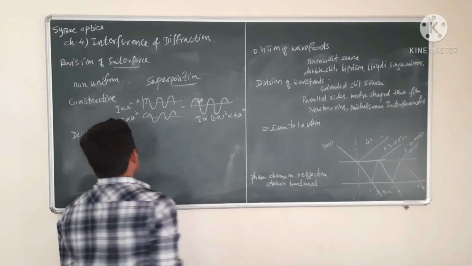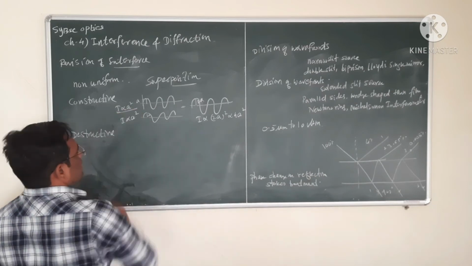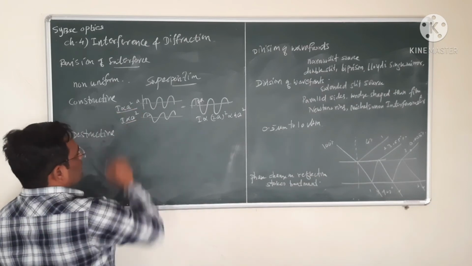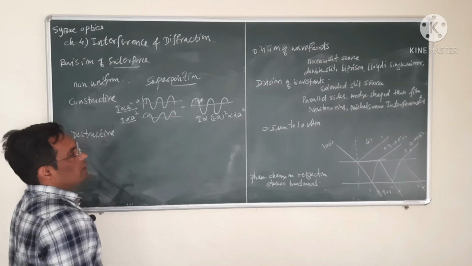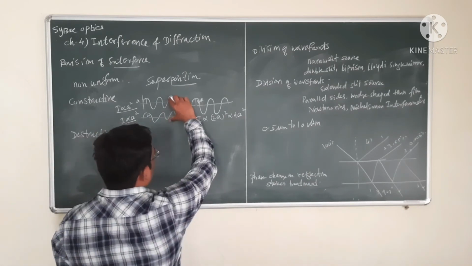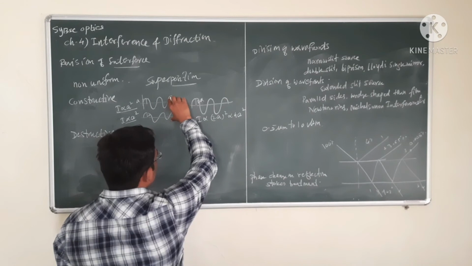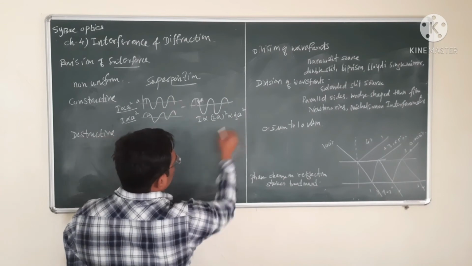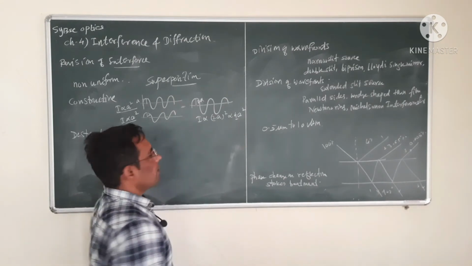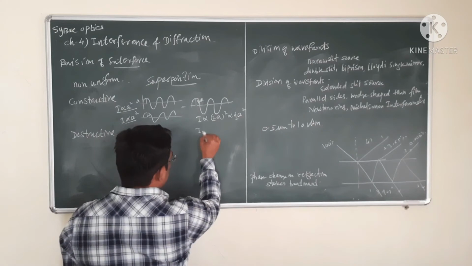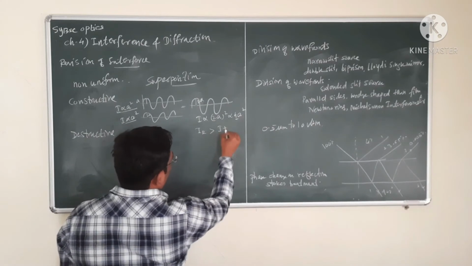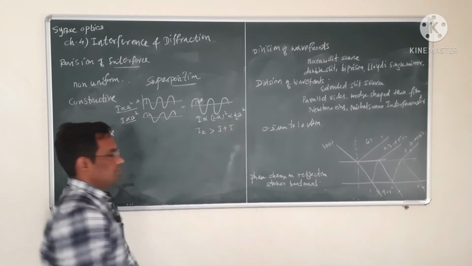Now initial intensity is a square, okay, this intensity is a square, so if you superimpose these two waves, you will get intensity 4 times. So this resultant intensity is greater than intensity of two waves.